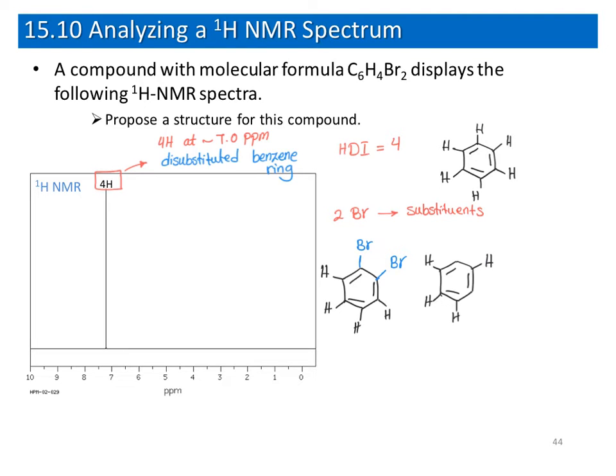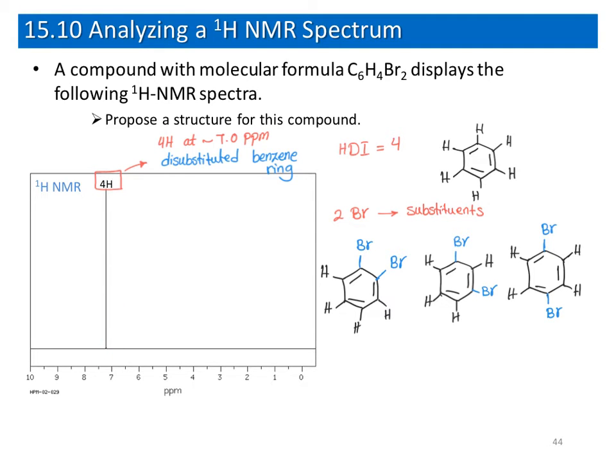If I replace these 2, I'm going to have this structure. And if I replace these 2, I'm going to have this structure. Now, which one matches this hydrogen NMR spectrum?